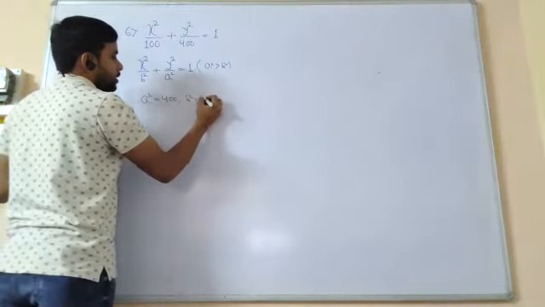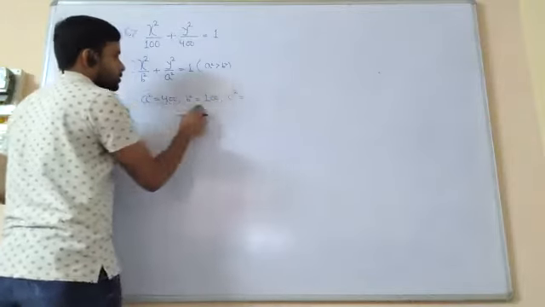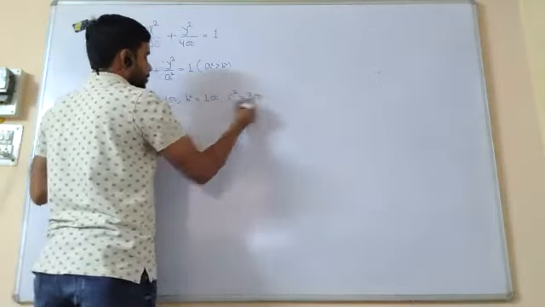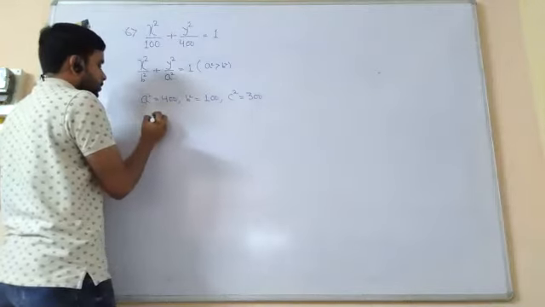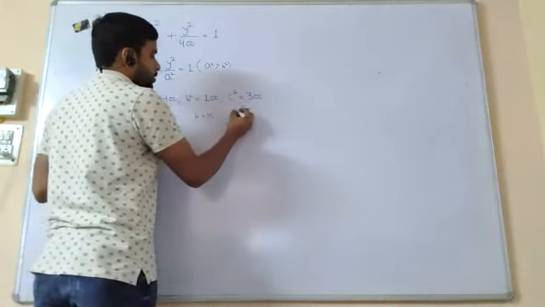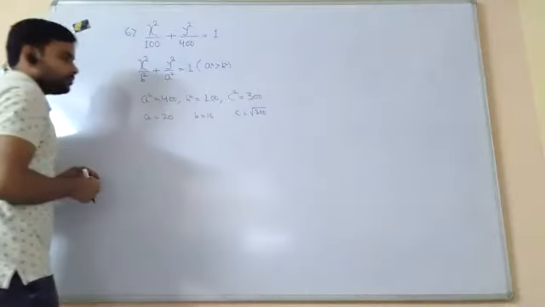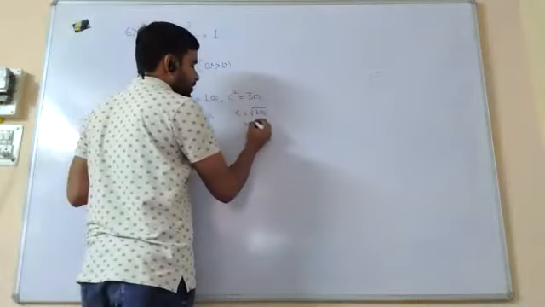The value of b square is 100. The value of c square is 300. A becomes 20, b becomes 10, and c equals to root 300, which can be written as 10 root 3.